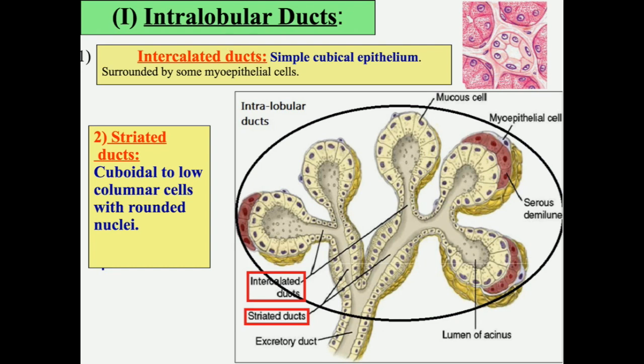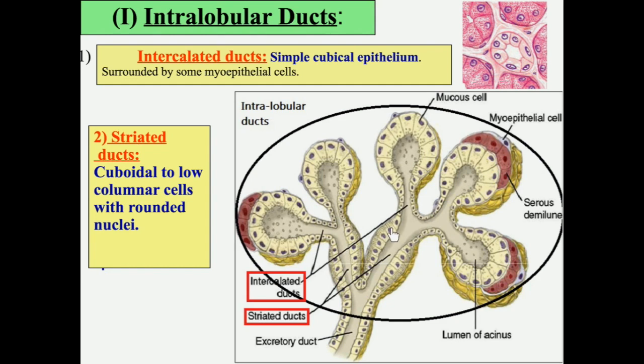These are the intercalated ducts, and they are lined, as you see, by simple cubical epithelium. Then they join together to form the secretory duct or the intralobular duct, where the cells are lined by cuboidal epithelium.